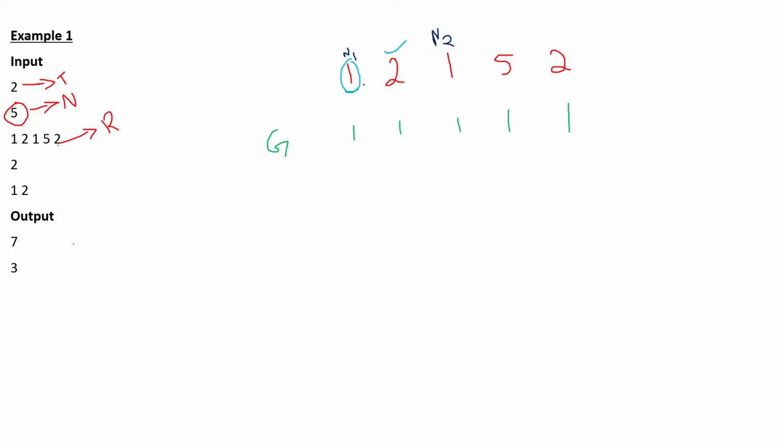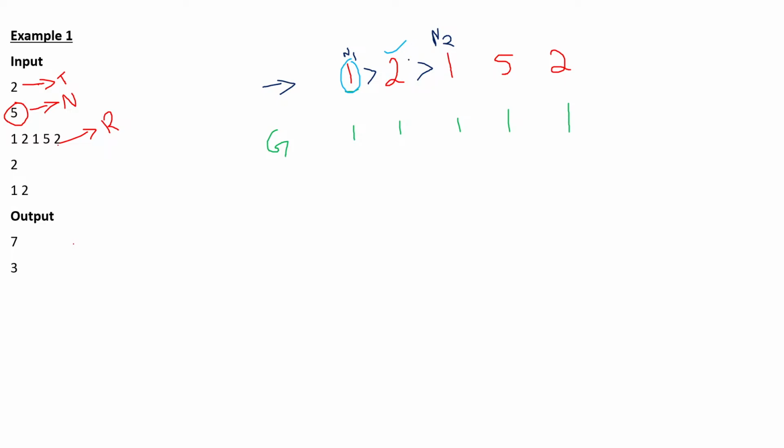Now initially we will iterate through left to right only. So that means I am going to consider the next employee only. For the first employee, I considered the second employee's rank, right? There we checked whether one is greater than two or not. So here also I'll check whether two is greater than one or not. That means I am checking the third employee's rank with the second employee.